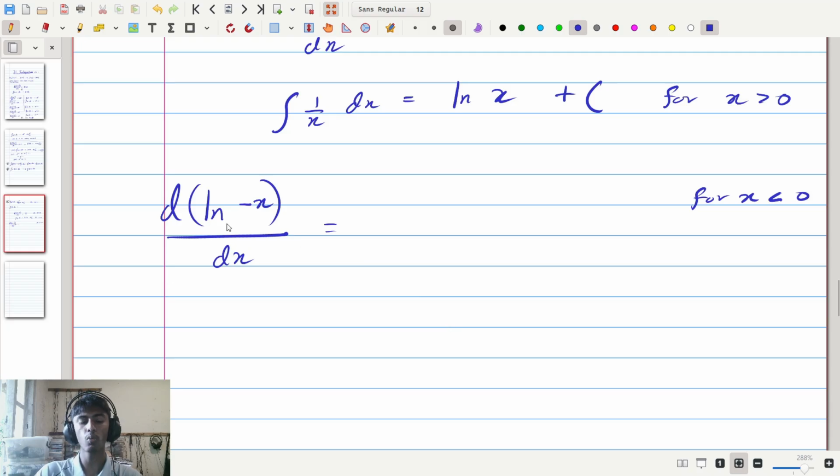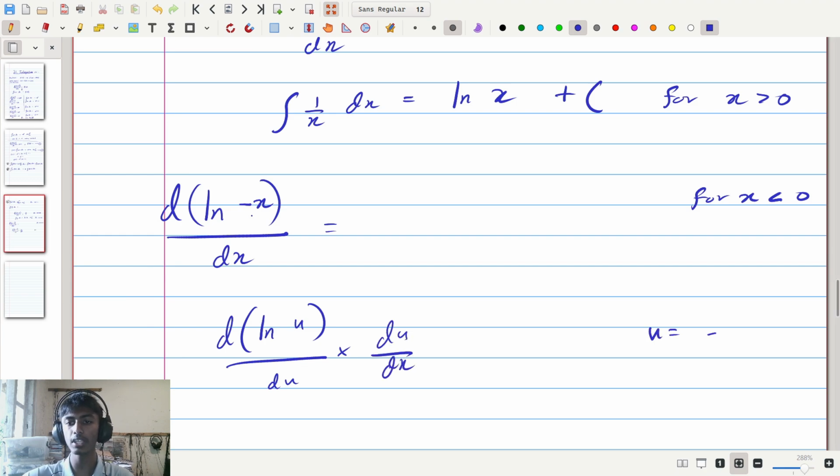Well, here what we have is the natural logarithm of negative x, which I could say as the derivative of natural logarithm of u taken with respect to u times du by dx, where u is equal to negative x. So then, given this case, we can see that du by dx would be equal to negative 1, and the derivative of the natural logarithm of u with respect to u would be 1 divided by u.